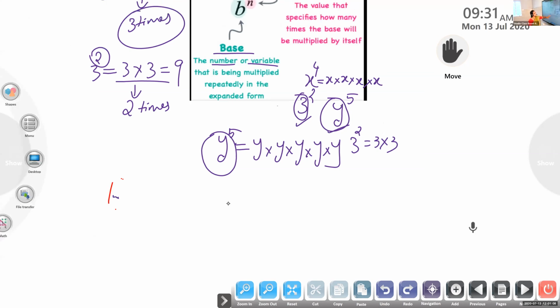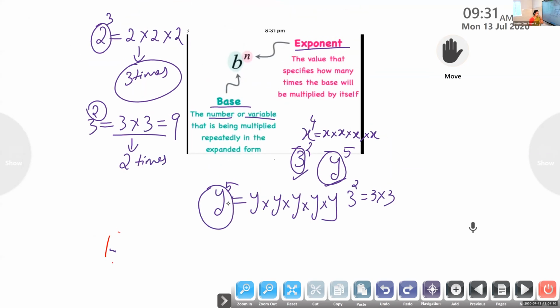Right, all of you? The definition of base: the number or variable that is being multiplied repeatedly in the expanded form.